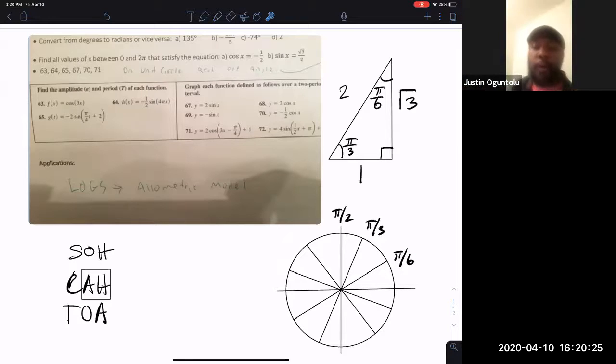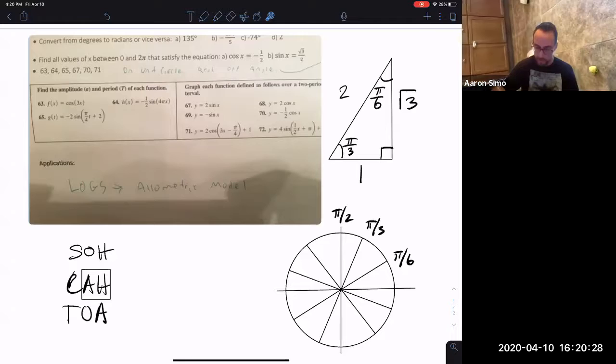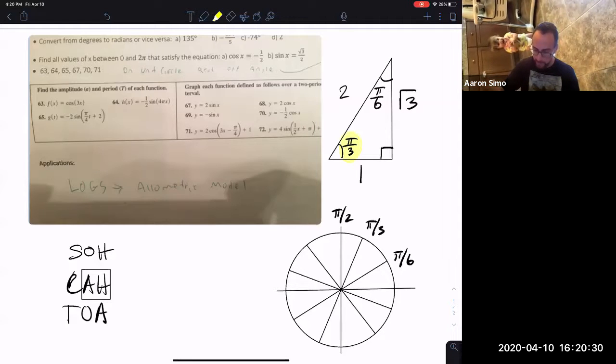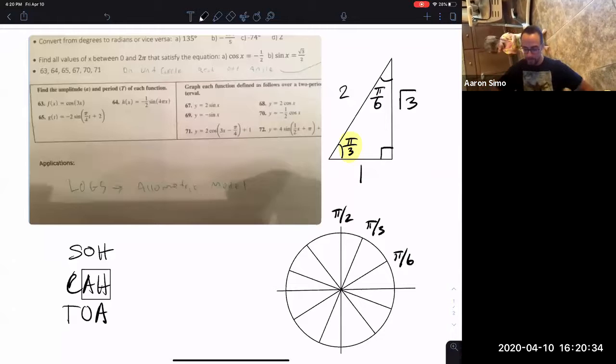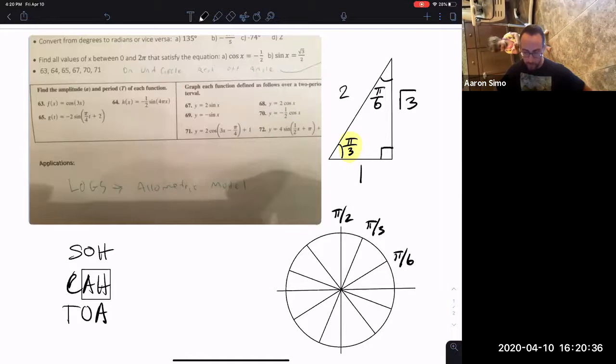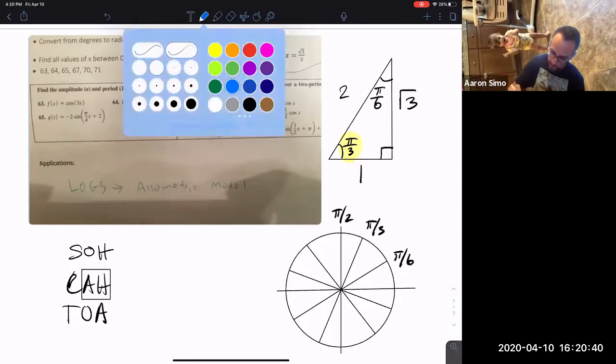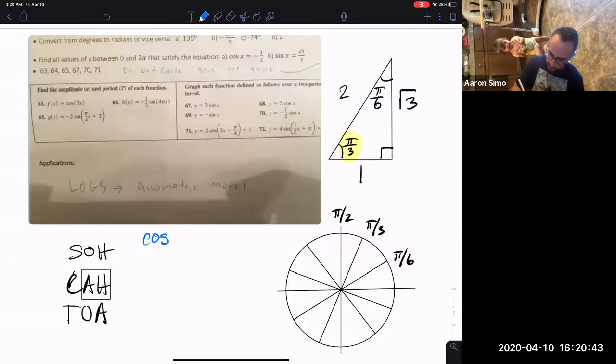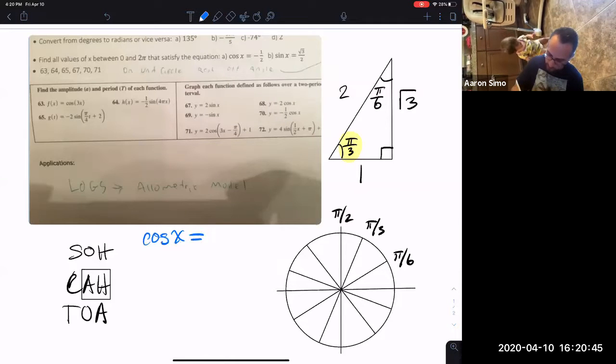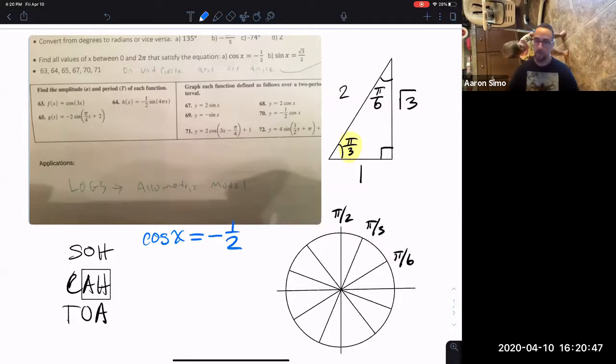Don't worry too much about that. But we know that the adjacent of pi over 3 is 1/2. A lot of ideas come in here. Now, the question at hand is where does cosine of x equal negative 1/2? That's what we're trying to figure out.